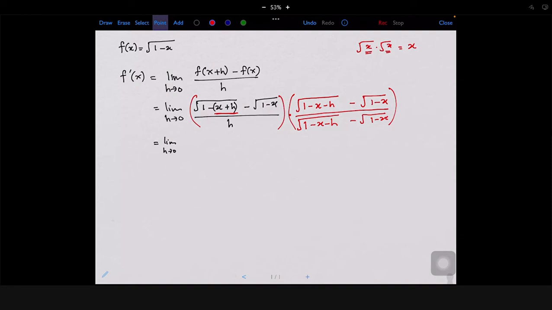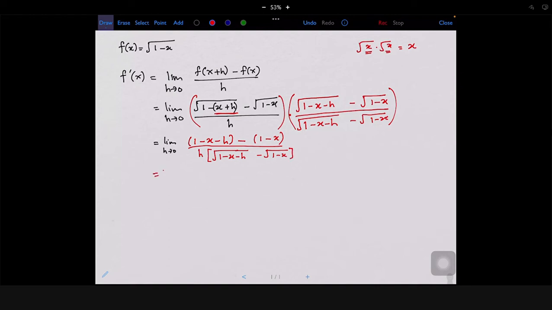Okay, so in this case, this darab dengan this, dia akan dapat 1 minus x minus h minus 1 minus x. Okay, dia akan remove the value of surd tu. Okay, bahagi dengan h, darab dengan surd 1 minus x minus h plus surd 1 minus x.